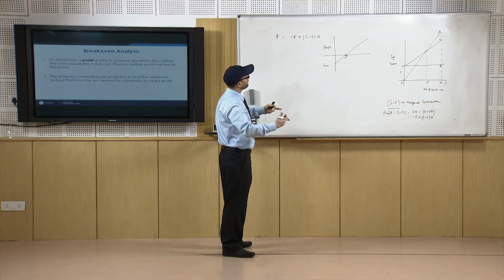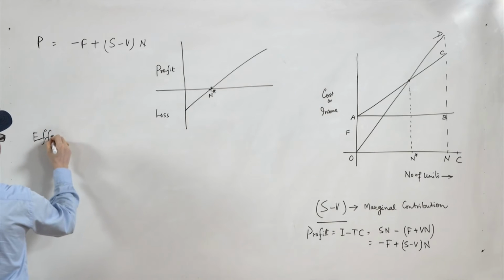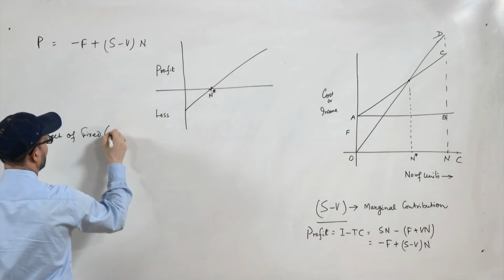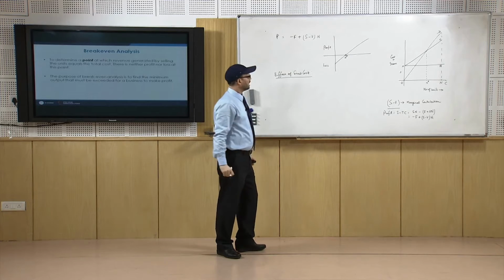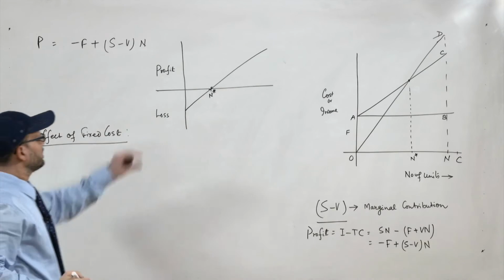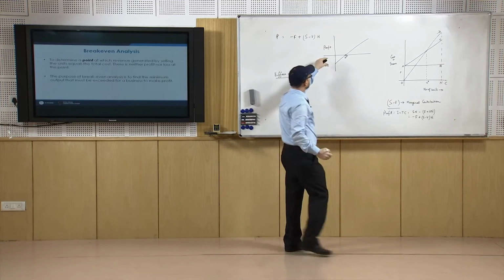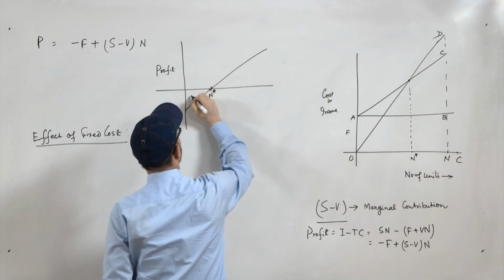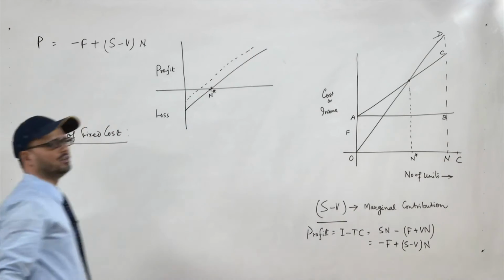Now, let us see how it may change. Effect of fixed cost. Let us see this graph. This is the fixed cost portion. If the fixed cost is decreasing and it comes here and variable cost remains the same, this graph will have this value.